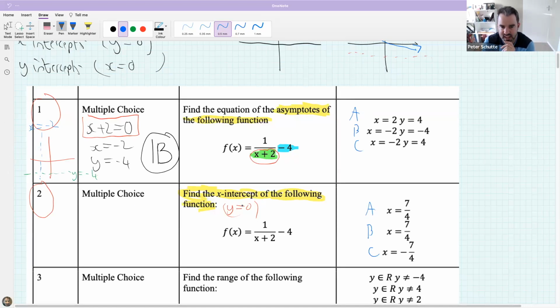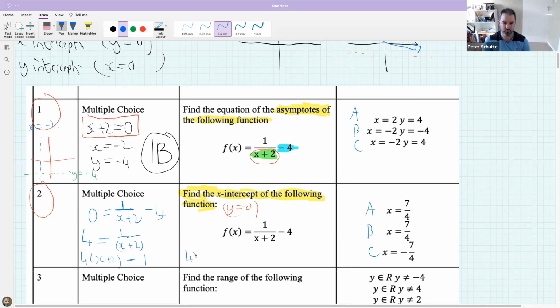To find the x-intercept, I need to make y equal to 0. And so I need you to solve that equation for me. I'd probably move the 4 to the other side, and then multiply both sides by x plus 2. So I get 4 times, and you still have to get to the end for me.